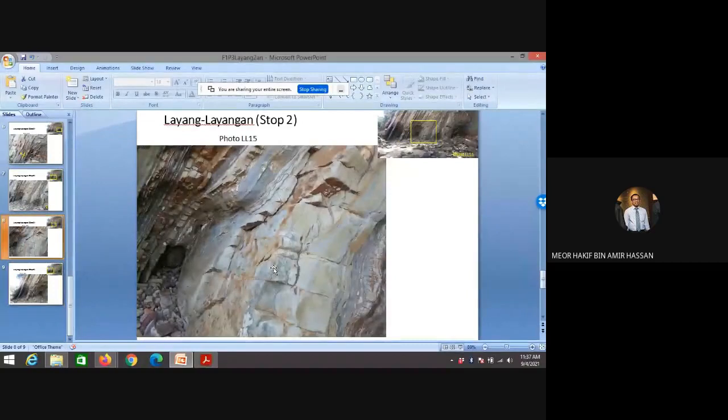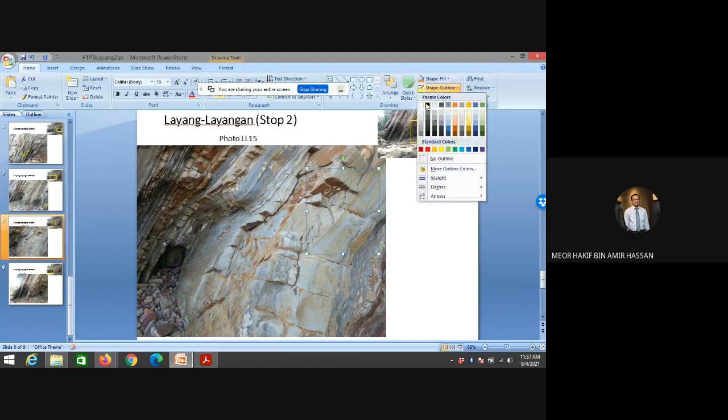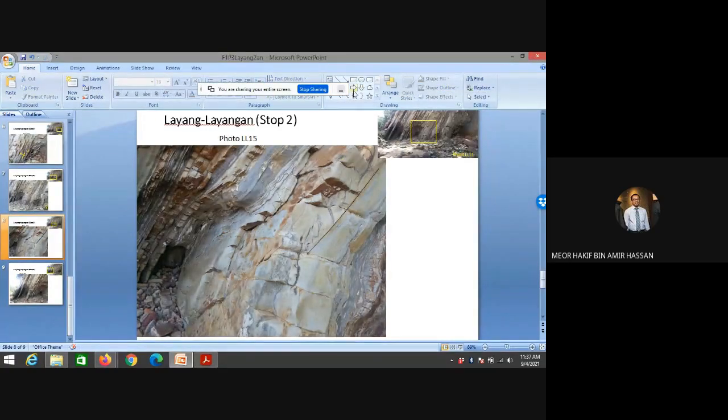What about cross beds? You can also use cross beds. Now this is the bed boundary below it, here. That's one bed boundary. And then there's another bed boundary here where it meets with planar lamination. Okay.